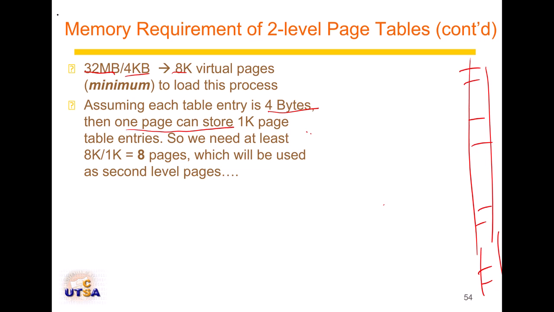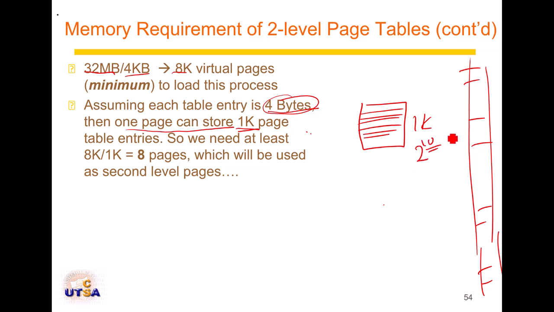If I divide 4 kilobytes, that was the page size, by 4 bytes, because each entry has that many, then I can have 1K entries in a page. So basically, if I allocate one page or one frame, in this one I can have 1K entries, 1K, which is to the power 10, right? So to the power 10.